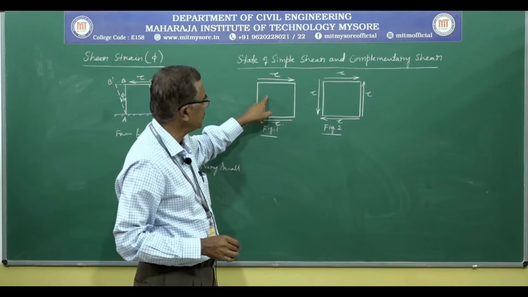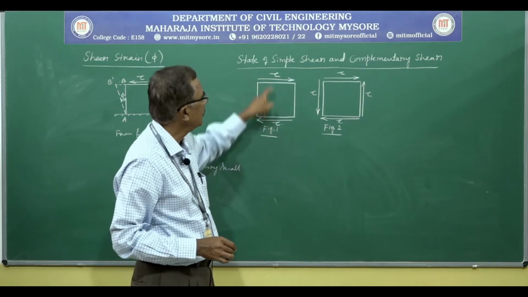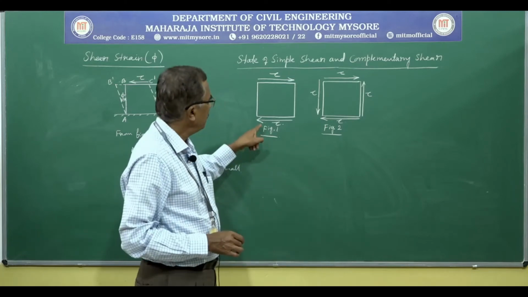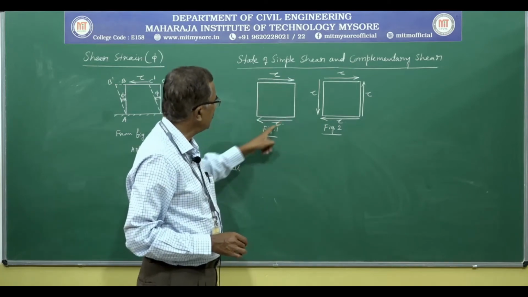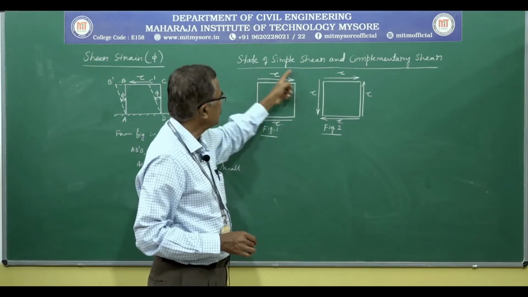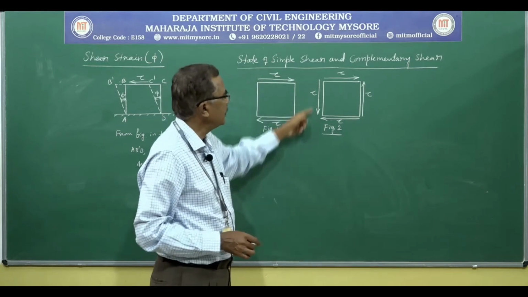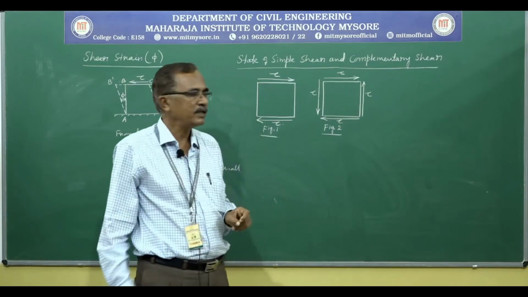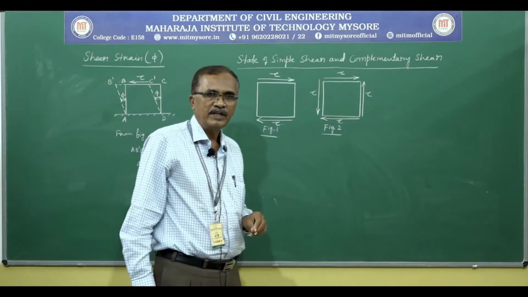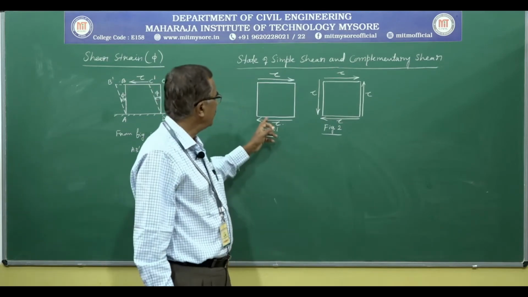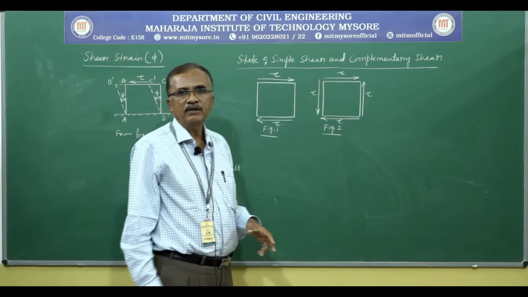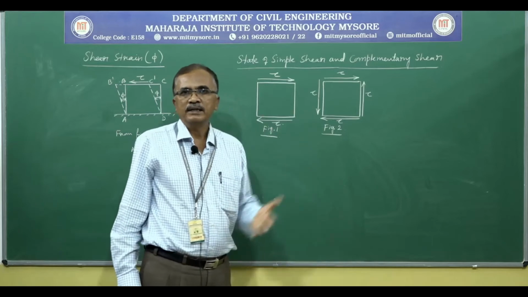A block is subjected to shear stress of magnitude tau on two of its edges. Because of this stress, you can see the rotational effect is to turn this block in the clockwise direction, and this tendency of rotating the block is not the equilibrium condition.